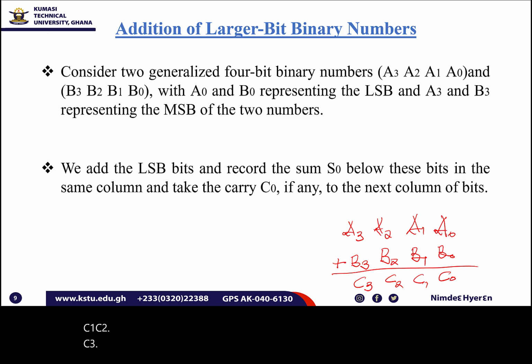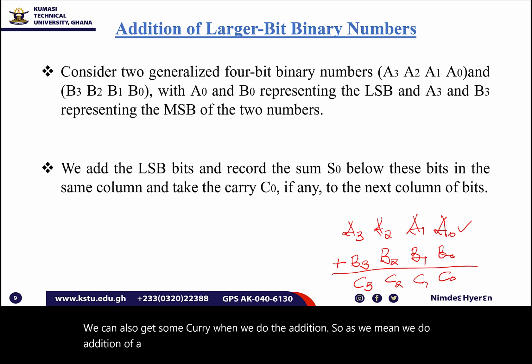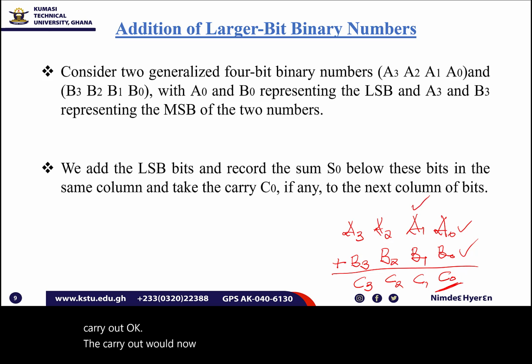We can also get some carry when we do the addition. So assuming we do addition of A0 and B0, and we write the sum here, and there is a carry out, the carry out would now be brought to the next column, and then the addition would continue.